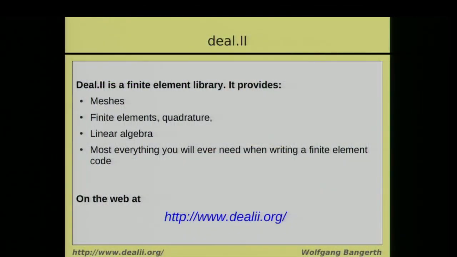So in particular, what you need for finite element methods is you need to have a mesh. You need to have the finite elements, that would be, let's say, the shape functions. Then, of course, you need to have a mapping, for example. You need to have quadratures. You need to do all of the things that you need for your linear algebra.